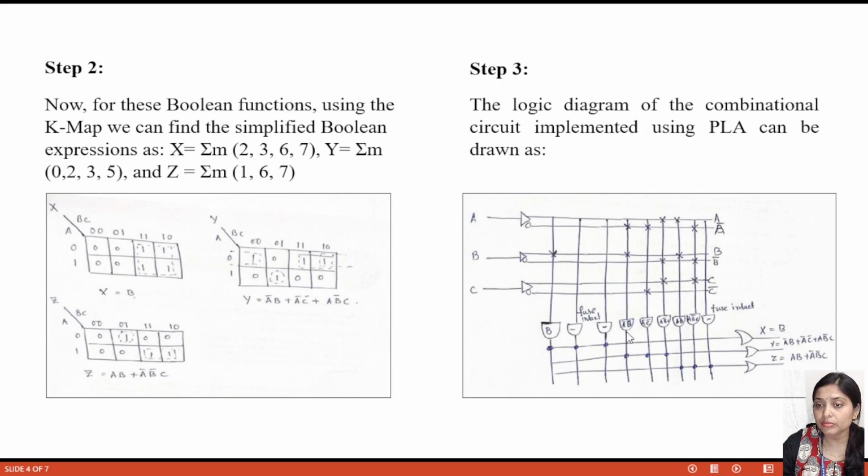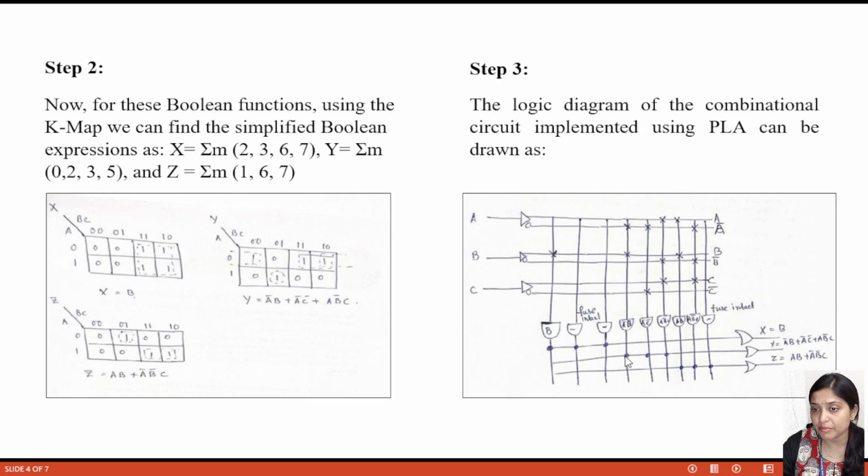Now in the fourth AND gate, this is A bar B, this is A bar C bar, and then A B bar C. These 3 dots we have to make. We will not make any dots elsewhere, because if we make a dot, that means there is a connection.